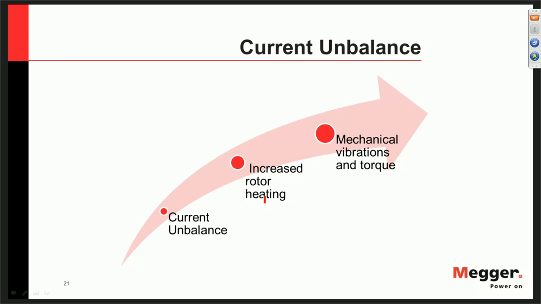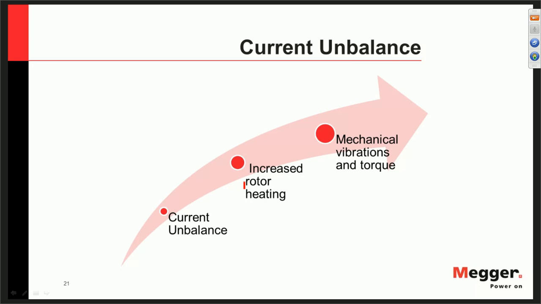And because of that rotor heating, there were mechanical vibrations and torque. But nobody was able to identify the cause, and nobody was theoretically able to explain why it is having this kind of current unbalance, and why we are having vibrations and torque because of that.